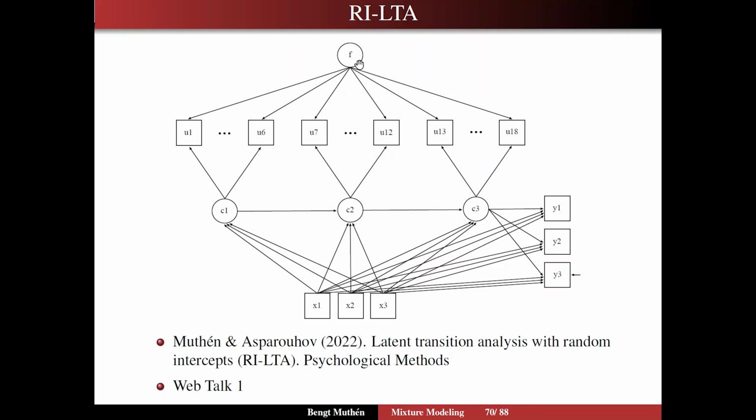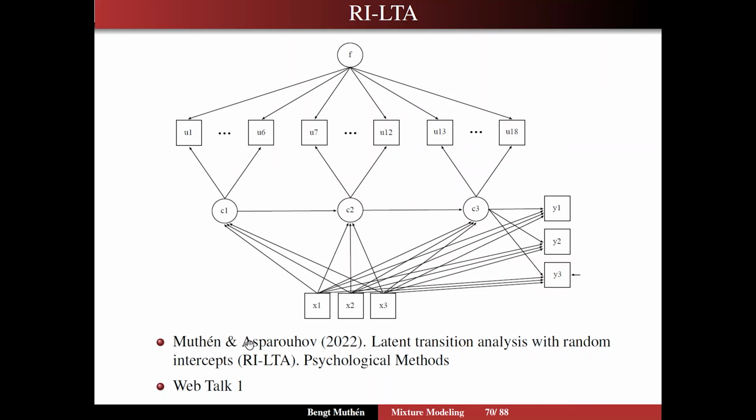This factor F can also be influenced by the X covariates. Both are time invariant, varying between persons. The Xs vary between persons, and so does the F factor. We didn't draw those arrows because it made the picture look messy.